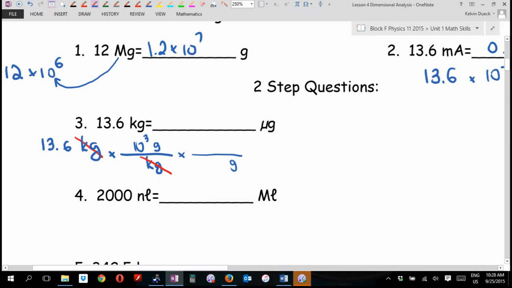Look at my blank space there and see what units they want us to end up with. Micrograms down here in front of the base unit can be replaced with a number. 10 to the what? From your chart.